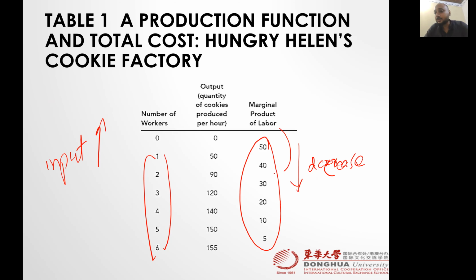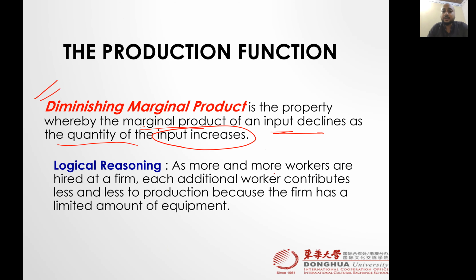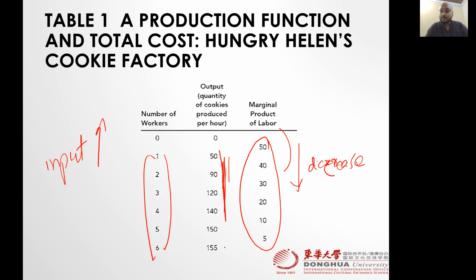This property is called diminishing marginal product. All right. Diminishing marginal product means if you employ more workers, the total production will increase, but at a decreasing rate, or at a decreasing marginal product. We call this diminishing marginal product.